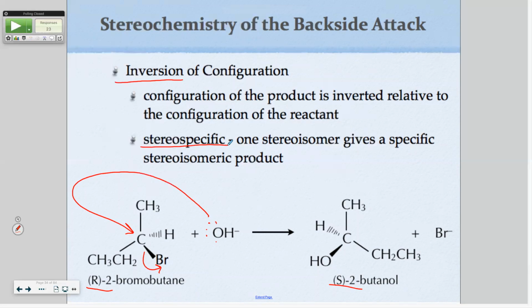How it looks is inverted. Do you see that here the Br was on the right and the H going back? The H is still going back, but the OH is over on the left side. It's inverted by how it looks. Does that make sense? Why you have to be careful. Don't just go, R must give S. Look at it and make sure R gave S, that it's the inversion.